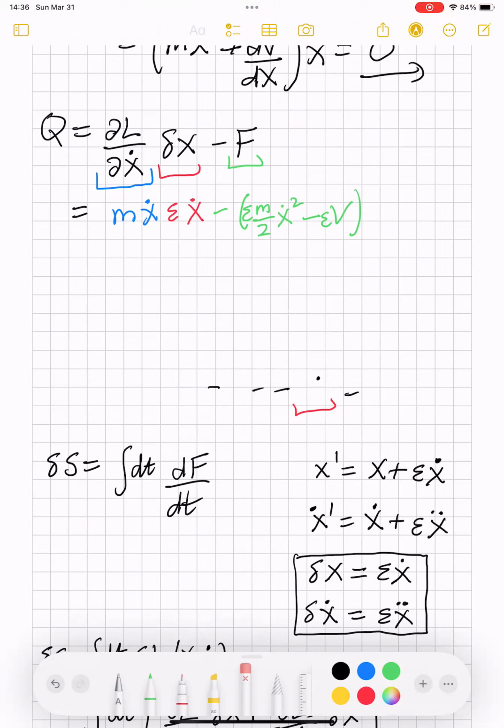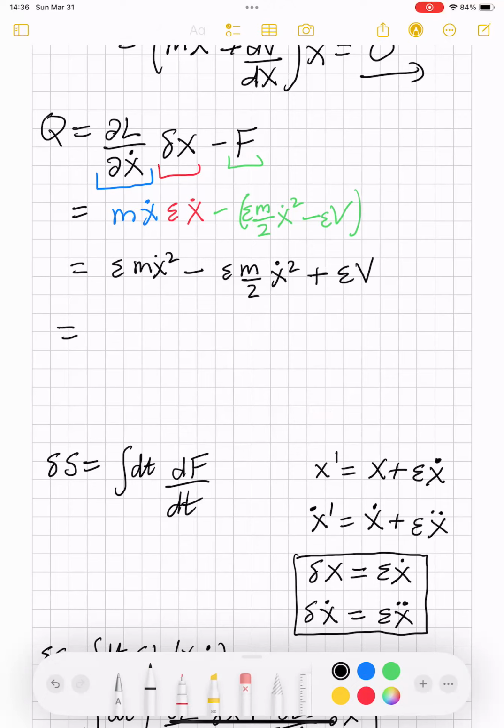And that's certainly enough space. Let's go back to pen and black. So this will be equal to the first term is epsilon m x dot squared minus the next term is epsilon m over 2 x dot squared, and then a minus times a minus is a plus epsilon V, and epsilon m x dot squared minus epsilon m over 2 x dot squared is just epsilon m over 2 x dot squared.